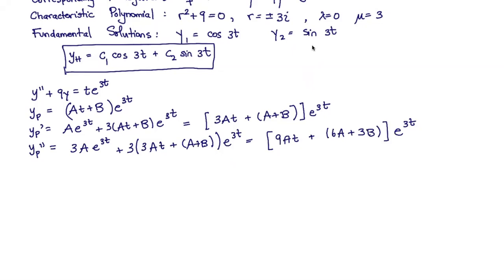We can then plug these into our equation, which in this case will give us the following: 9at plus 6a plus 3b, all times e to the 3t, plus 9 times our original solution, which is at plus b times e to the 3t, which must all add up to be t e to the 3t.